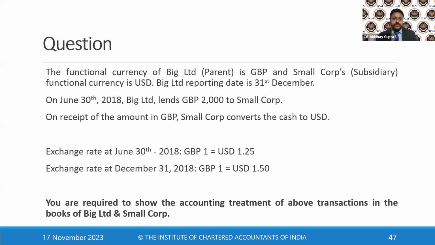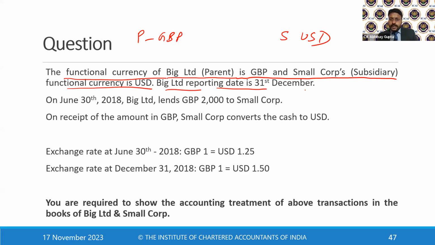Let's do one more question. The functional currency of Big Limited, the parent, is GBP, and Small Corp, the subsidiary, has functional currency USD. Big Limited's reporting date is 31st December.